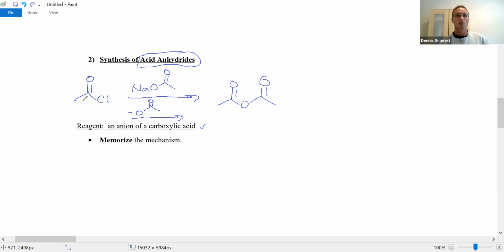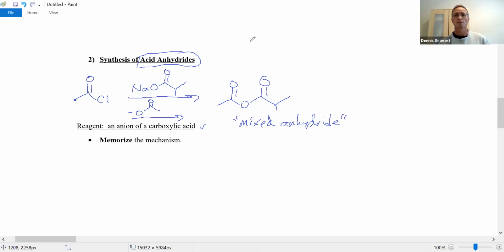If you decide to have a methyl over here and over here you put something else, then you get that something over here. And now the anhydride is unsymmetrical. These are sometimes called a mixed anhydride. And this is a good way of making them.